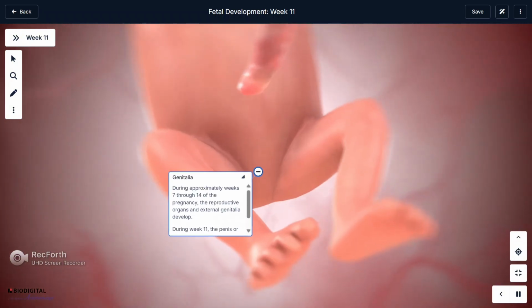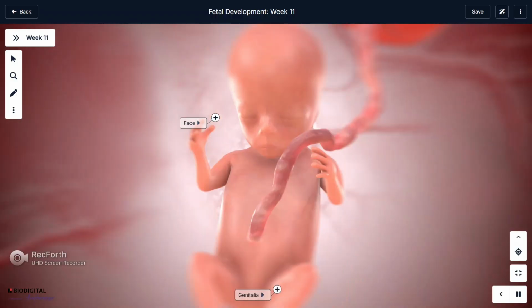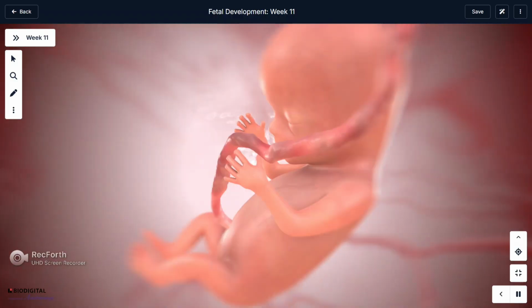During approximately weeks 7 through 14 of the pregnancy, the reproductive organs and external genitalia develop. During week 11, the penis or clitoris and labia majora have started to form. So this is now the fetus by week 11.